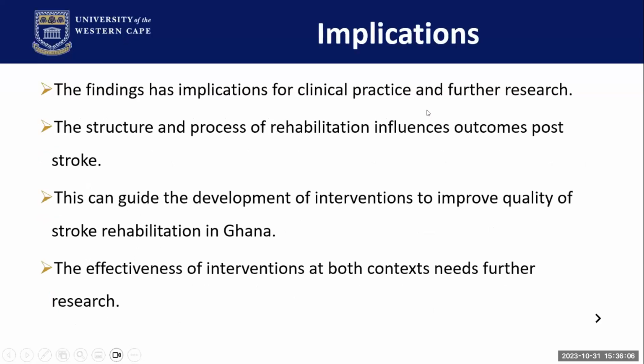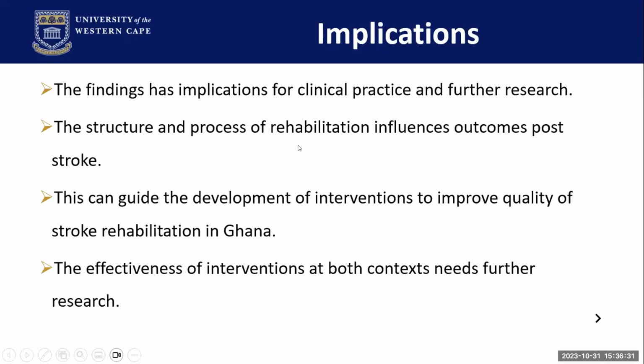There are some implications that can be drawn from this research. This research has implications for clinical practice and further research. For further research, because there are improvements in community reintegration of patients in both contexts, we need to carry out further research to find out the effectiveness of the interventions that are being carried out at the facility.